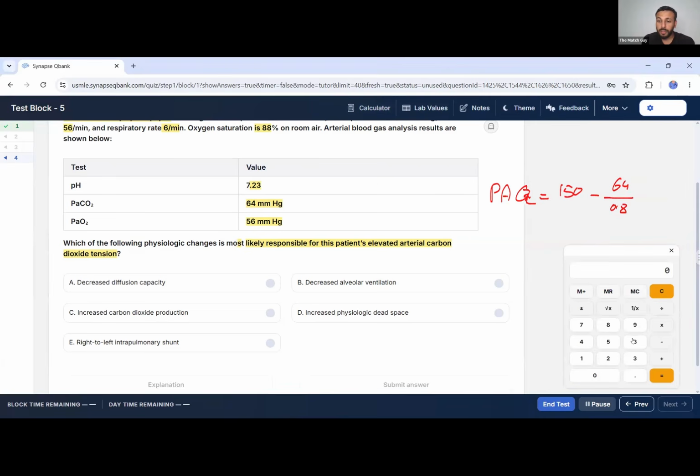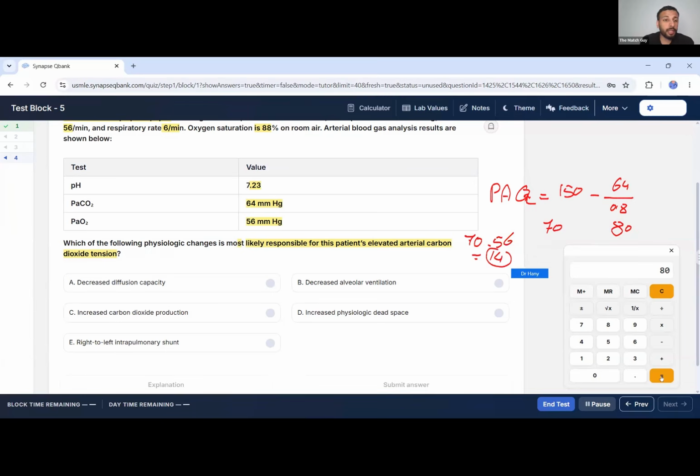So it's going to be 64 divided by 0.8. It's going to be 80. So 150 minus 80 is going to be 70. So the partial pressure of oxygen in the alveolus is going to be 70, and in the artery it's going to be 56. So the AA gradient would be 14.